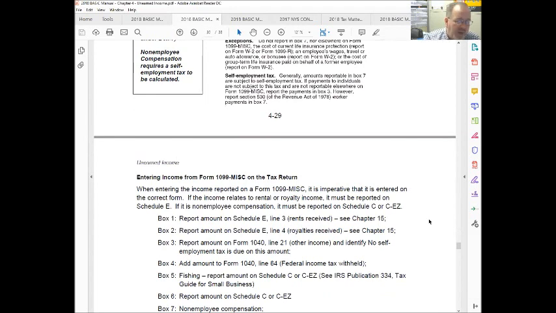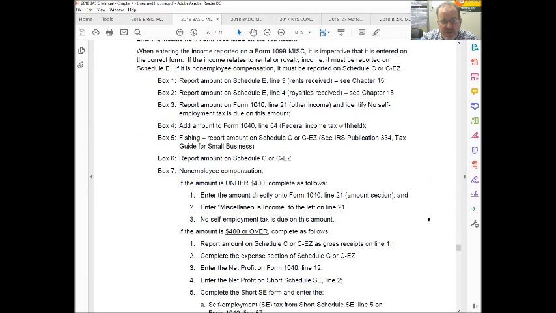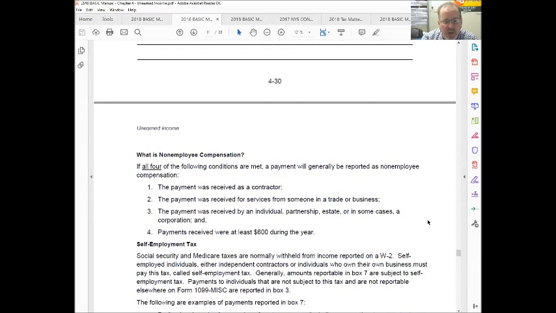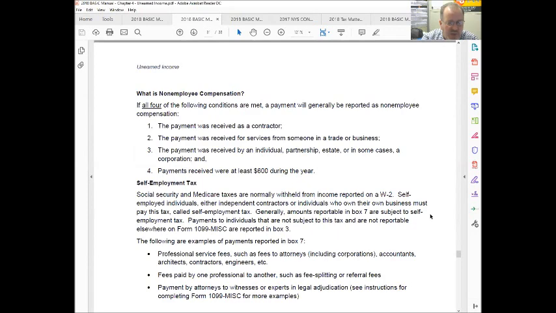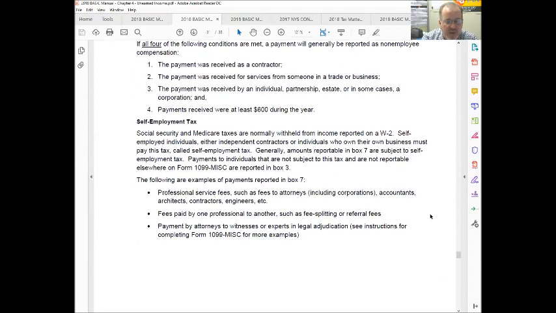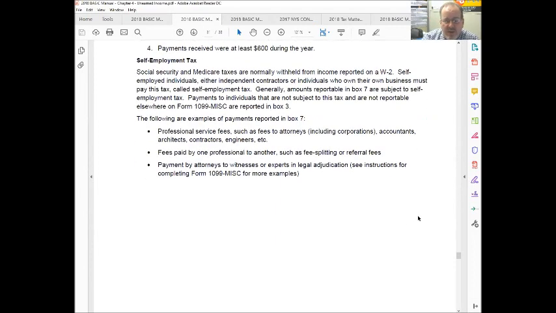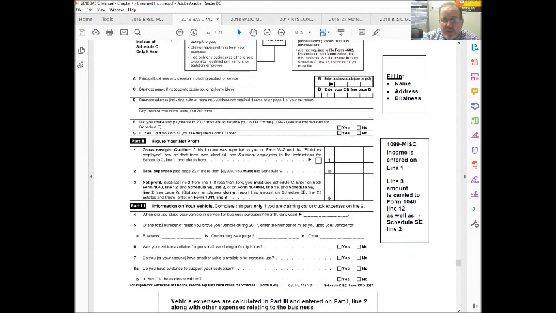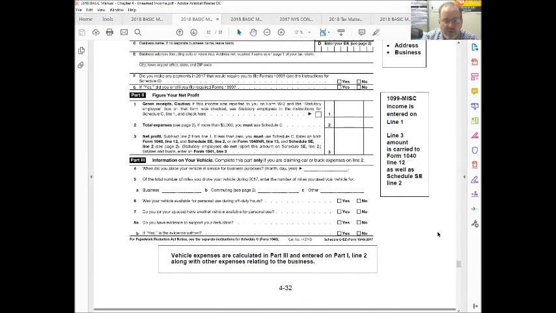We just want to kind of make you aware of it because we're talking about 1099 miscellaneous. When we get to Chapter 13 and 14, we'll talk a little bit more about the Schedule C and CEZ. So it's just for your knowledge, as far as that defines what non-employee compensation is. The box that says other income, box 3, is where you would see, like I was saying, winning tickets for the concert.